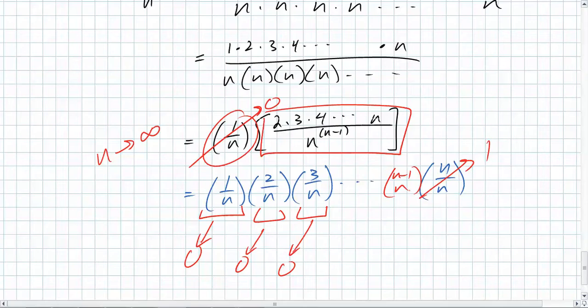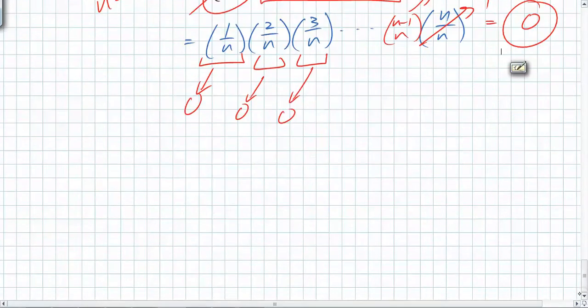Oh, be careful. What does n minus 1 over n go to? It goes to 1. Whoa. But here we have a lot of things multiplying together to get 0, 0, 0, or 1. So what do we think this is going to go to? So it's all zeros and ones. Do we think it's all zeros and ones? So what do we think this is going to?